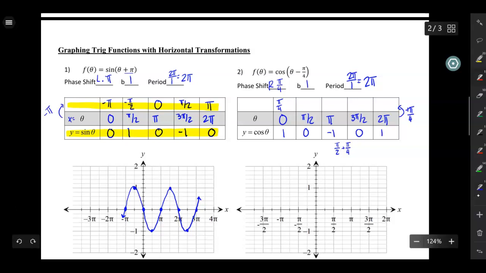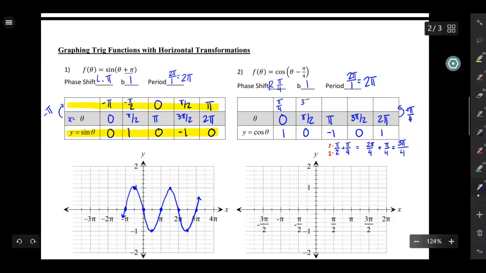So I'm going to change this pi over 2 by multiplying the top and the bottom by 2. So I get 2 pi over 4 plus pi over 4. Then I just, oh, that is a 3, not a 4. Sorry. Once I have a common denominator, then I keep the same denominator and I just add the numerators to get 3 pi over 4.